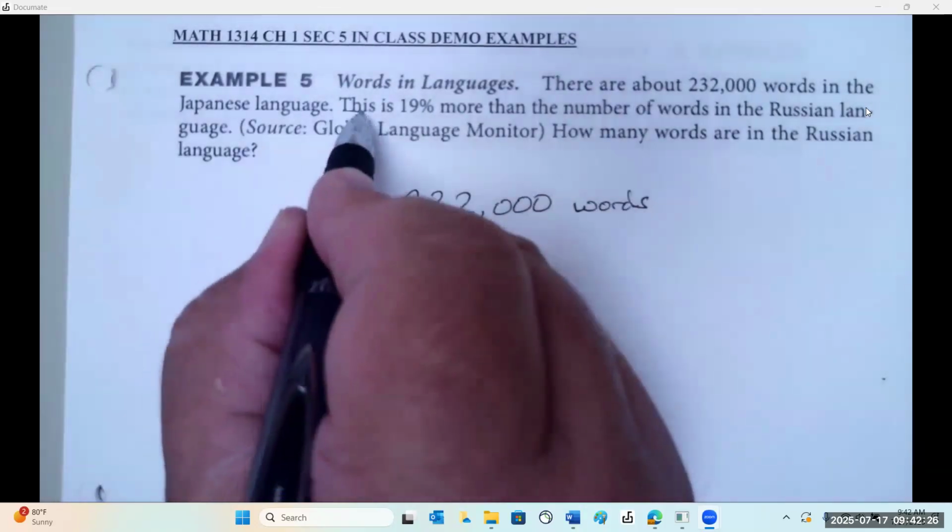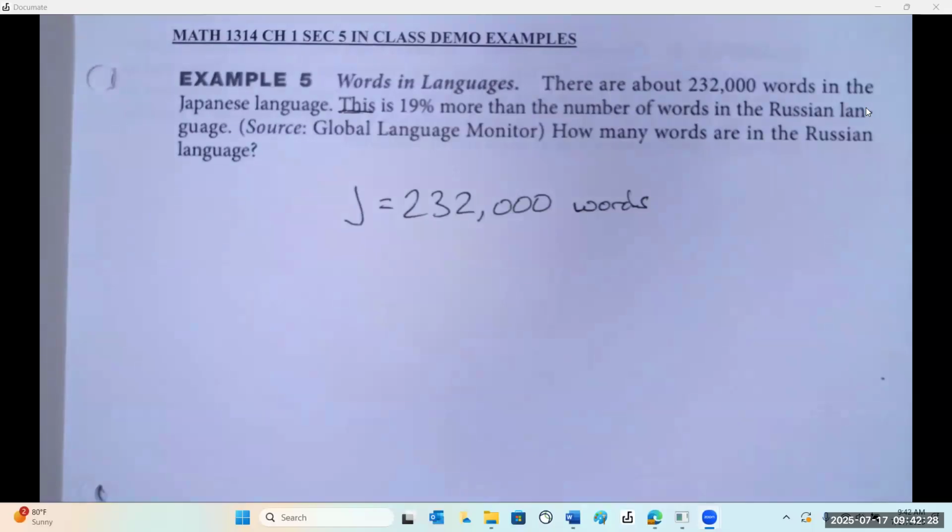When they say this is, what are they talking about? What is this? Nope. Read the first two sentences again.